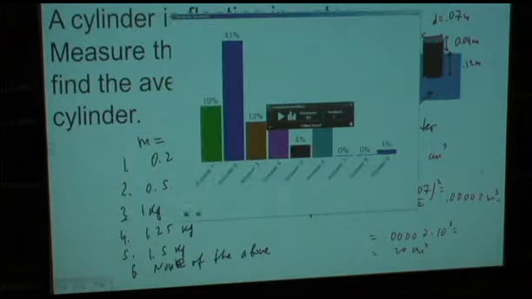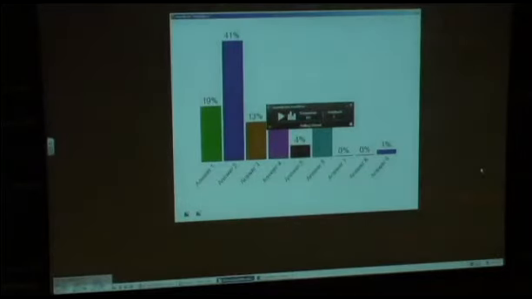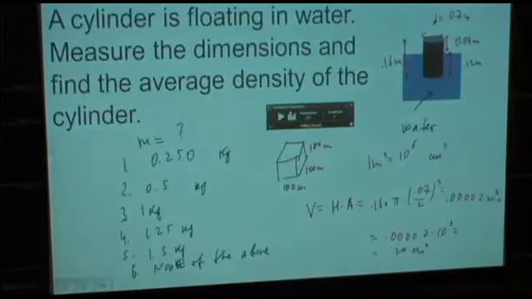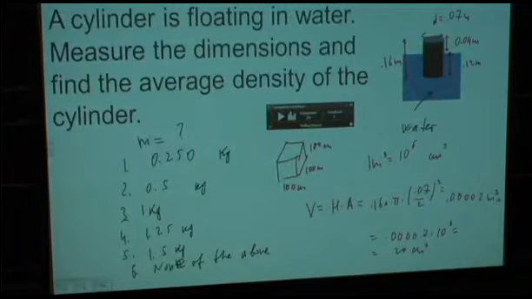What did you say about the mass? 0.5, most of you. 0.5 is a correct result. And again, this question is not related to the expression for the buoyant force. It's related to the fact that when it floats, the buoyant force must cancel the force of gravity.